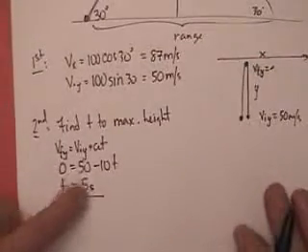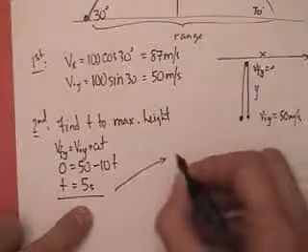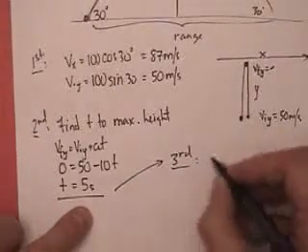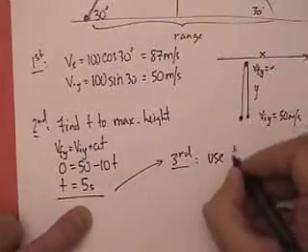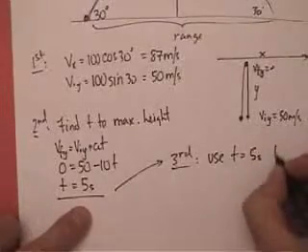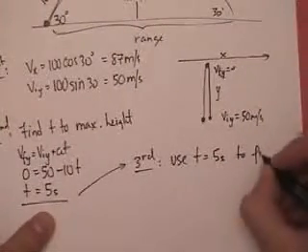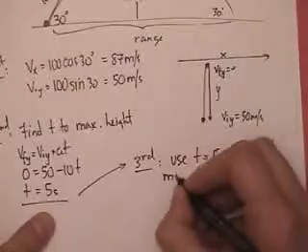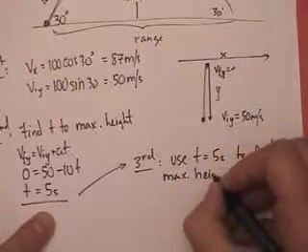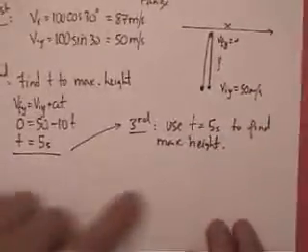But I'm going to use this to find the maximum height. So I'm going to use t equals 5 seconds to find the maximum height. How am I going to do that?